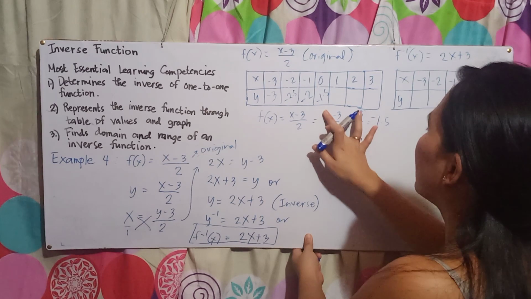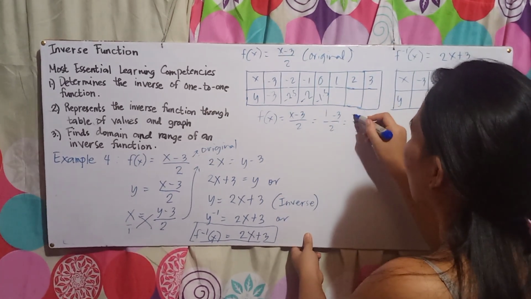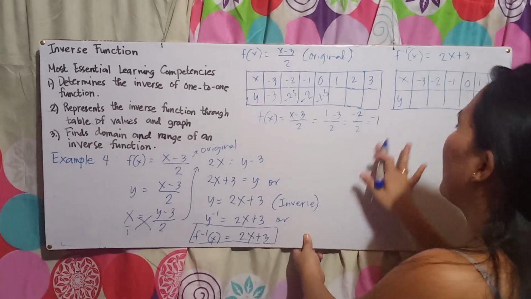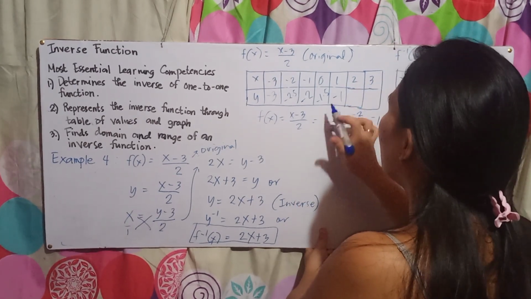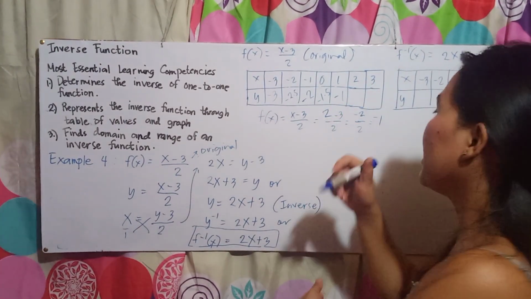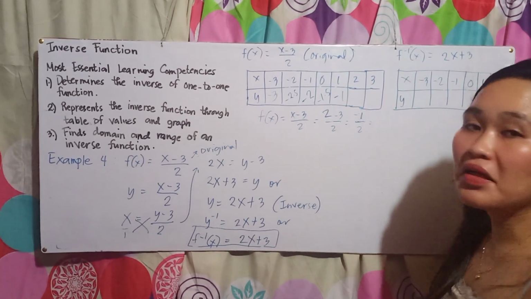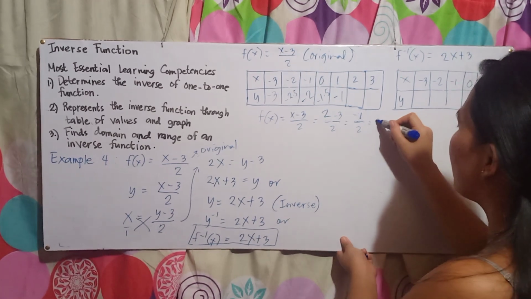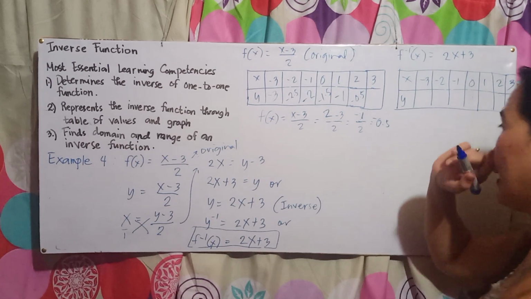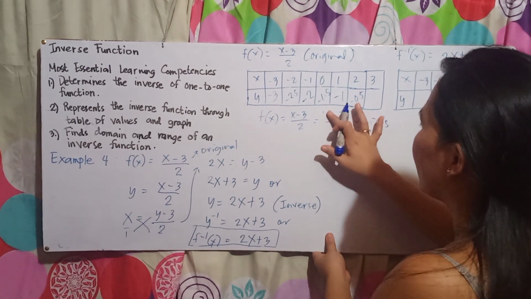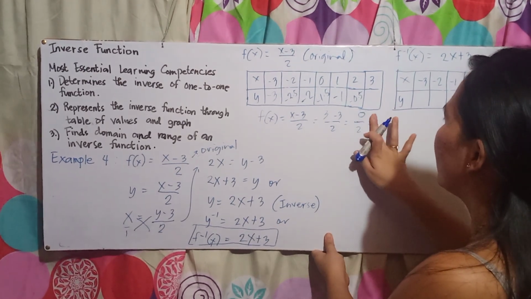Then 1. 1 minus 3 is negative 2, divided by 2, so the answer is negative 1. If 2, 2 minus 3 is negative 1, divided by 2, so negative 1 half or negative 0.5. The next is 3. 3 minus 3 is 0. 0 divided by 2 is 0.